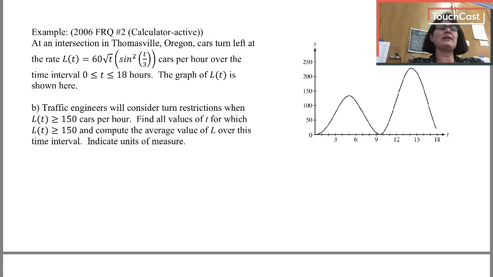That's not actually a calculus question. This is a skill, though, that you're expected to know for the test: if this is 150 cars per hour, can you find that time value and that time value? This will be all time values in between those times when there are more than 150 cars per hour turning left. So I'm going to show you how to do that on your calculator.